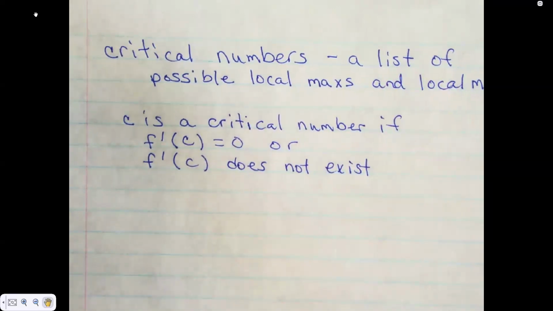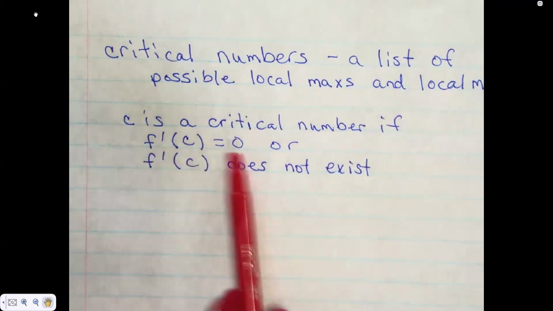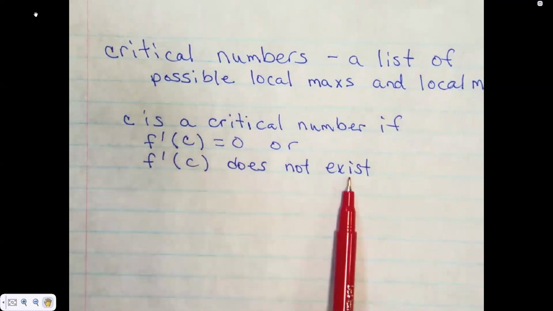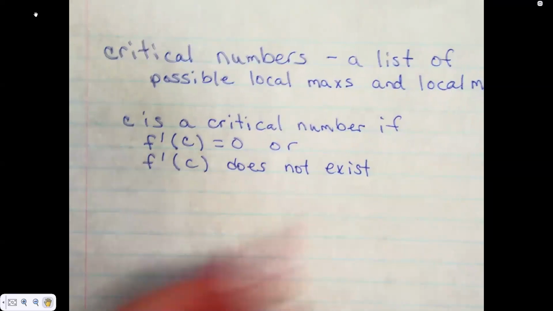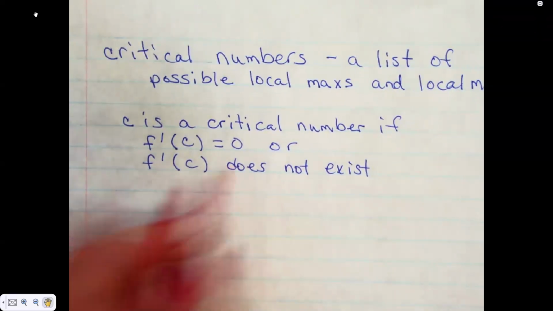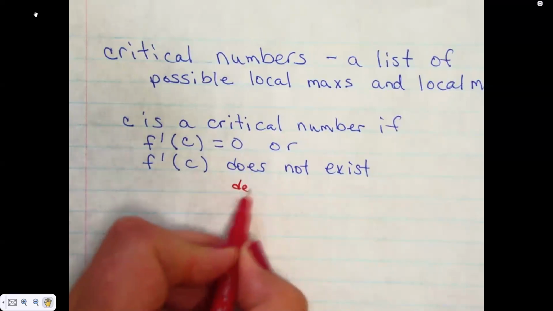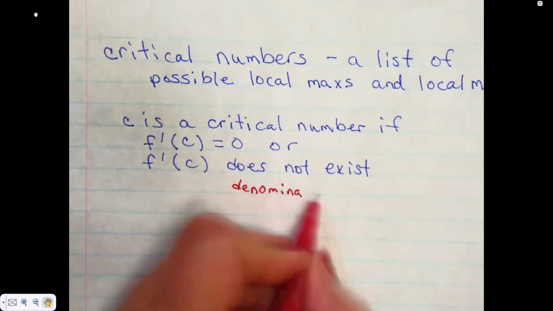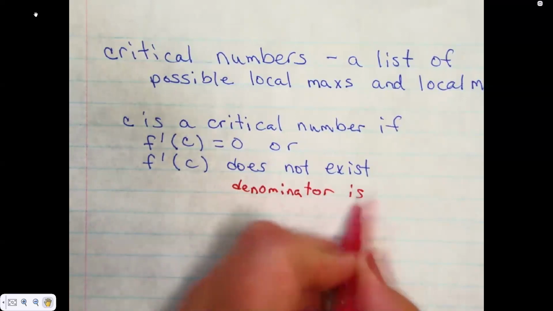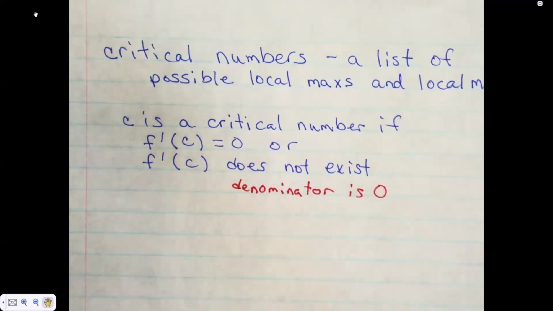And how's the list created? When the derivative is 0 or if the derivative doesn't exist. For us, pretty much, the derivative doesn't exist when you have a fraction and the denominator is 0. We did a couple easy ones yesterday, so let's make them a little bit harder.